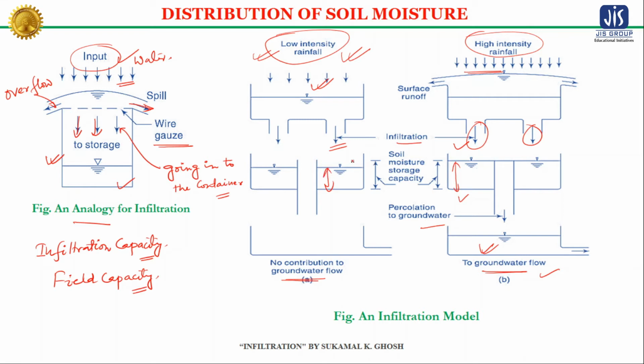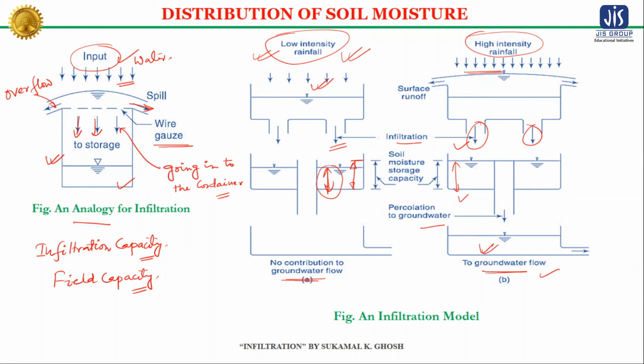This is the maximum soil moisture storage capacity or the field capacity, but due to the low intensity of rainfall, the moisture is able to achieve only this amount of depth, which is not even equal to the maximum soil moisture storage capacity.